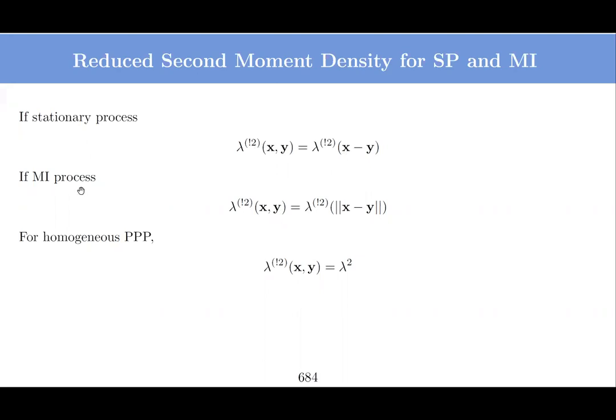If it's a motion invariant process, then this also only depends on the magnitude of the difference, not the angle of the difference. So for the homogeneous Poisson point process case, the second moment density would be just lambda square.